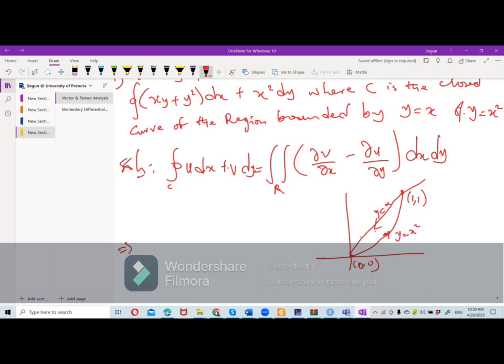So if you look at this, the closed integral of (xy plus y squared) dx plus x squared dy.